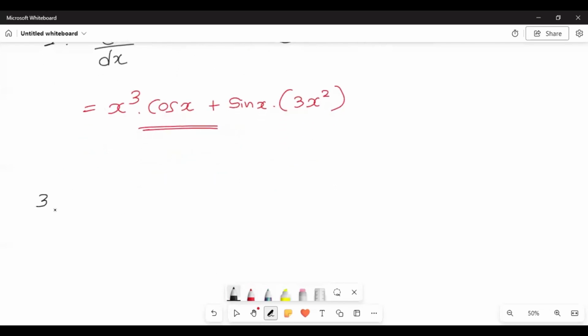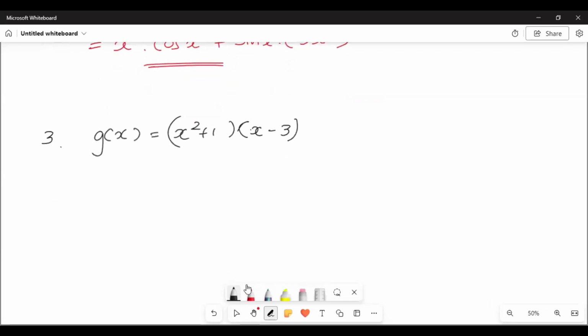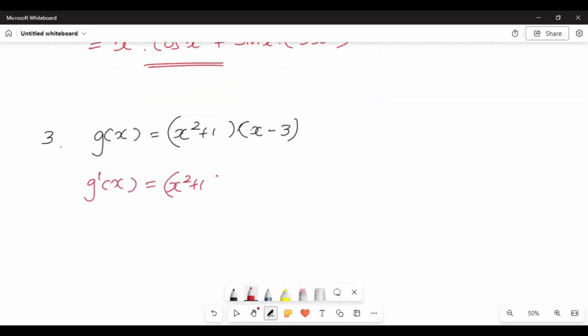So for question number 3, it's going to be g(x) equals (x to the power of 2 plus 1) times (x minus 3). g'(x) is going to be (x to the power of 2 plus 1) times 1 plus (x minus 3) times 2x.